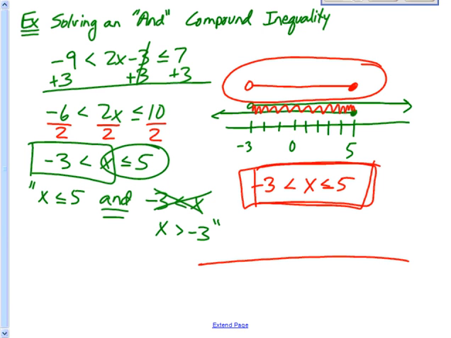Your smallest number is right here, and it's open, and the biggest number is right there, and it's closed, because it's less than or equal to. You just put the line in between them. That's what it means: x is less than or equal to 5, and it's greater than negative 3.